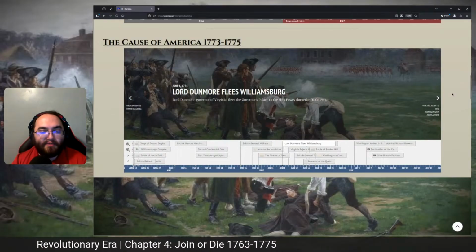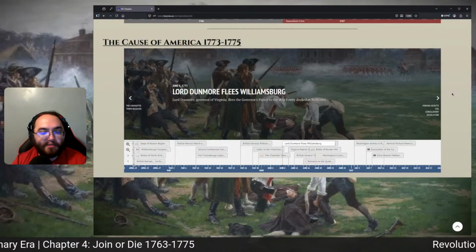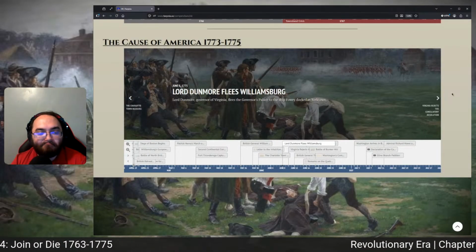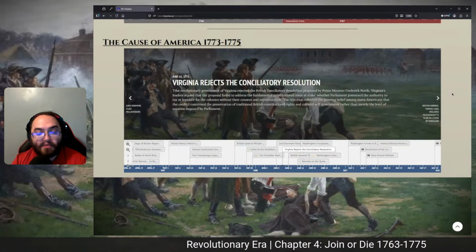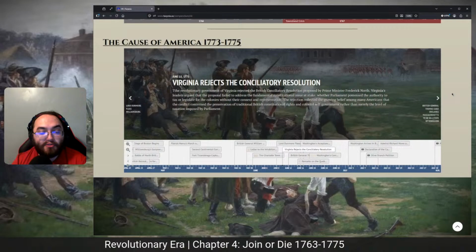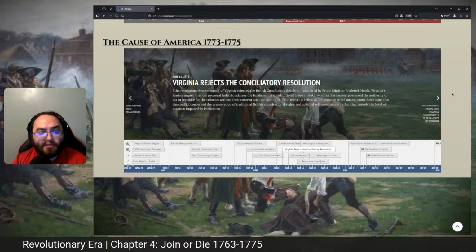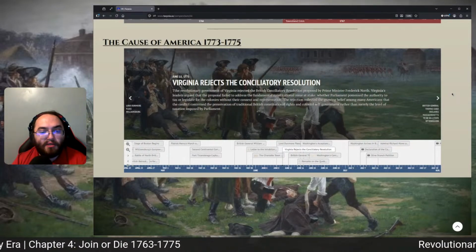Lord Dunmore flees Williamsburg, fearing that Williamsburg is not safe for him because of Patrick Henry's march. Virginia rejects the conciliatory resolution.